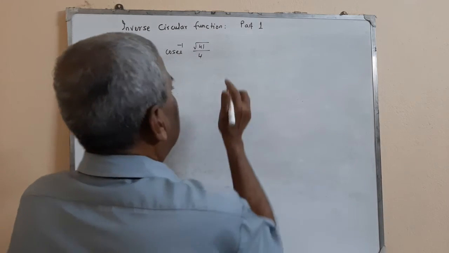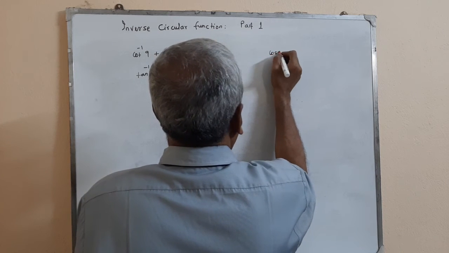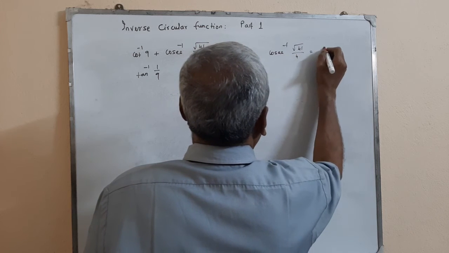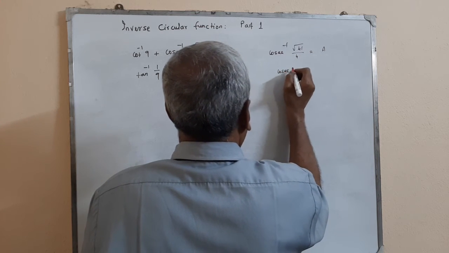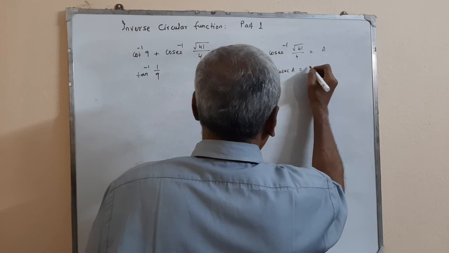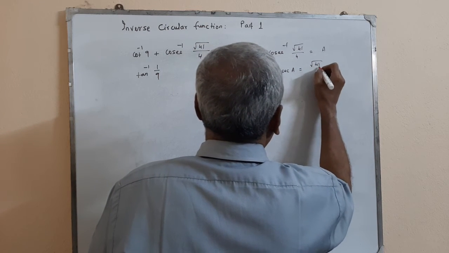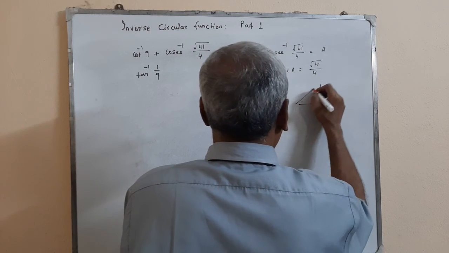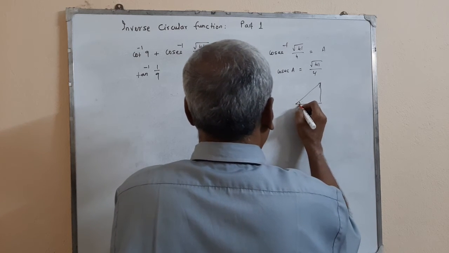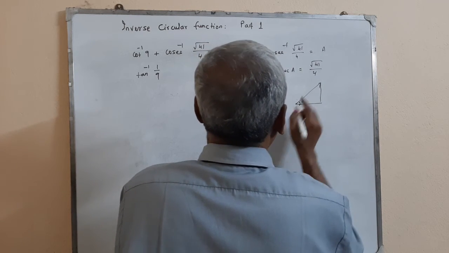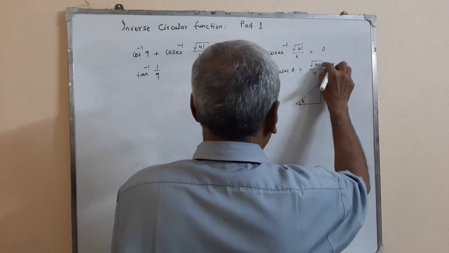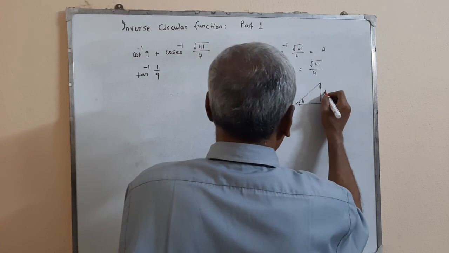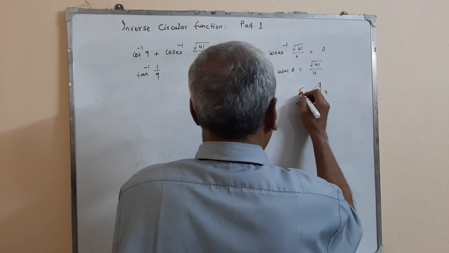And this one, suppose cosec inverse root over 41 by 4 is equal to A. So cosec A is equal to root 41 by 4. Now construct a right angle triangle. This is A. Cosec A is this by that. So sine A is equal to 4 by root over 41.